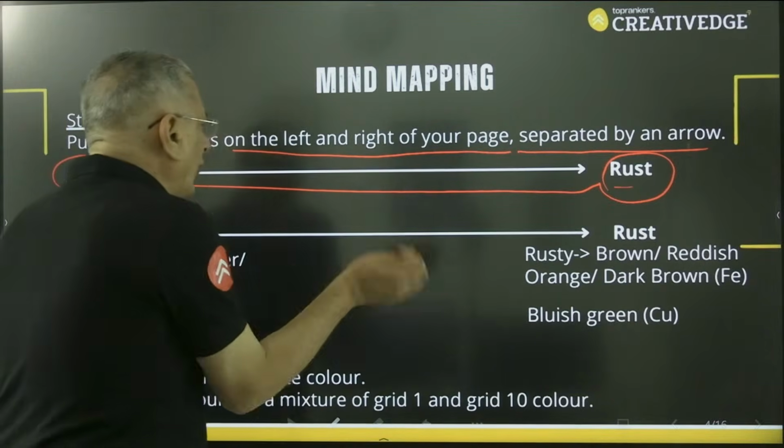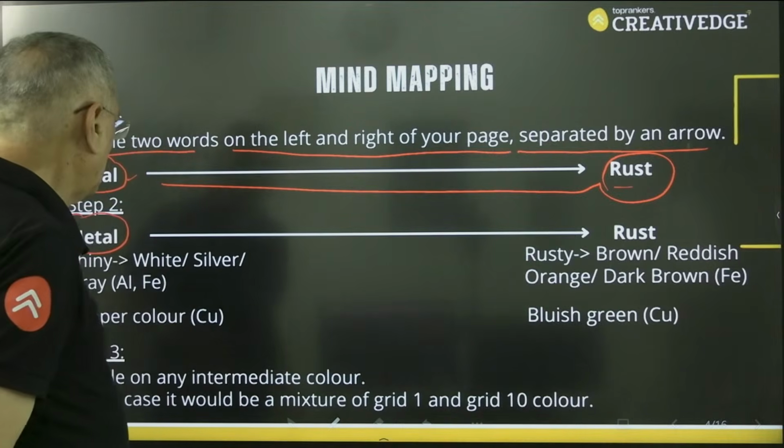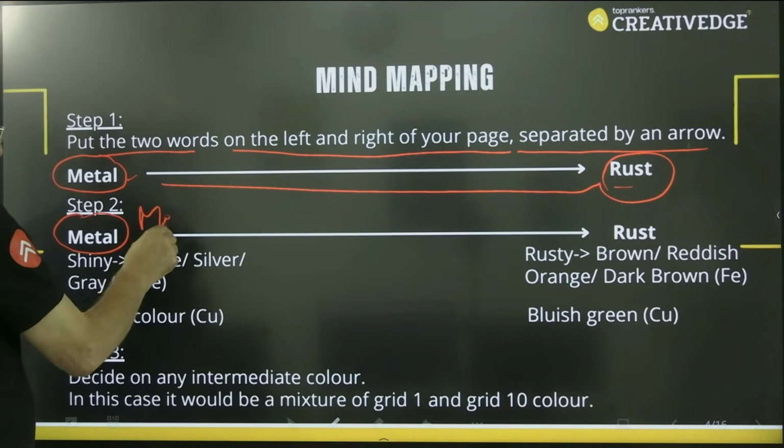So these two words are separated by an arrow. And then, for example, what we are doing right now is metal to rust.